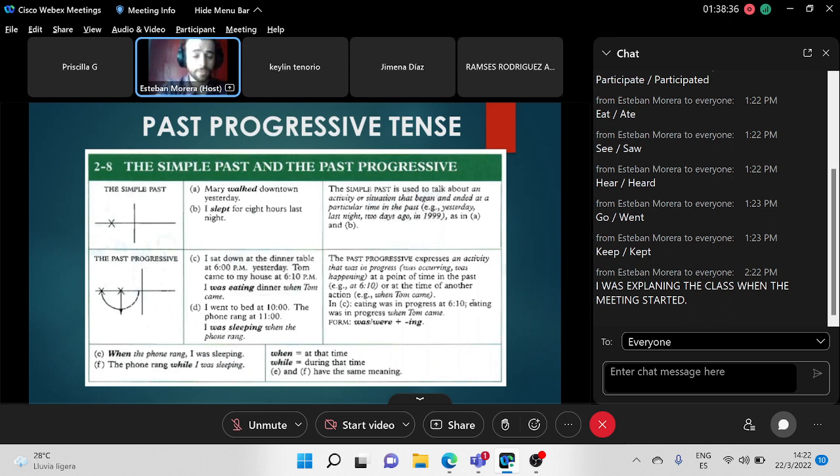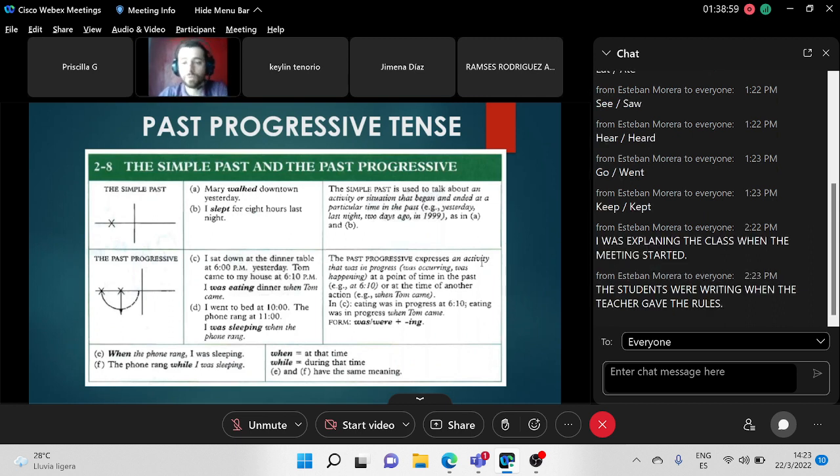Another example, the students were writing when the teacher gave the rules. Okay, the students were writing.